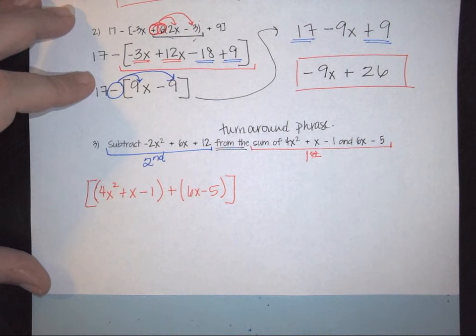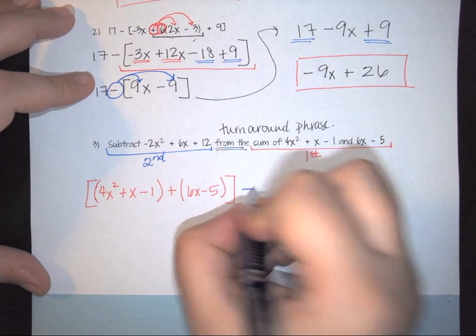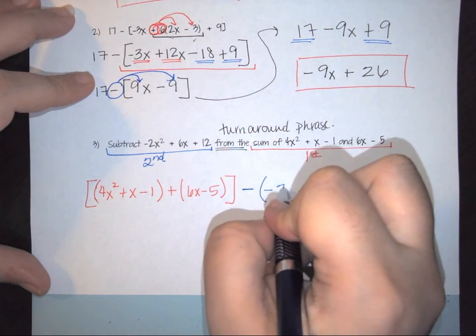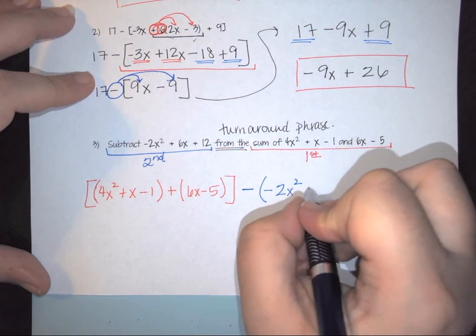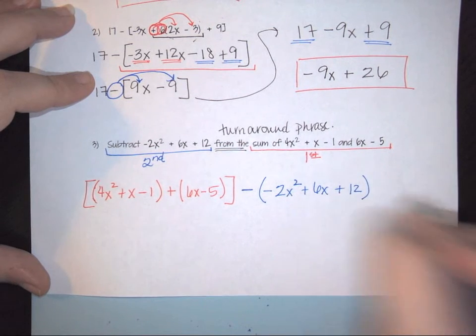And then the next thing that I'm doing is I have to subtract my second polynomial, which is a negative 2x squared plus the 6x plus the 12, and close it.